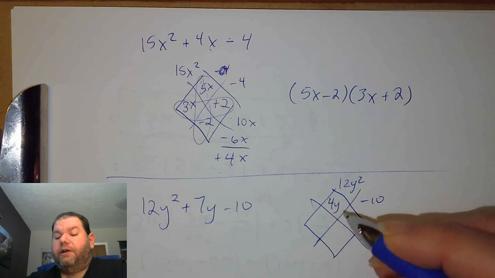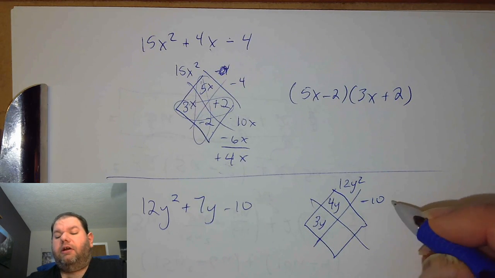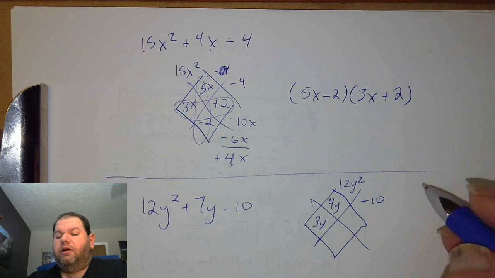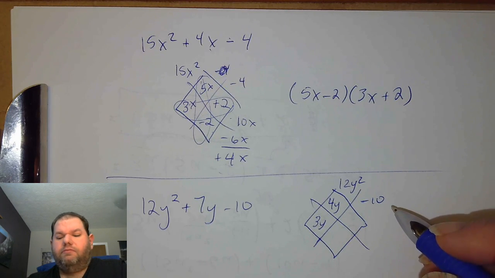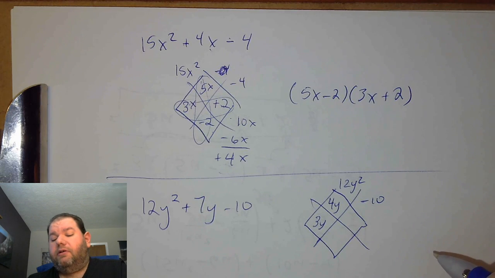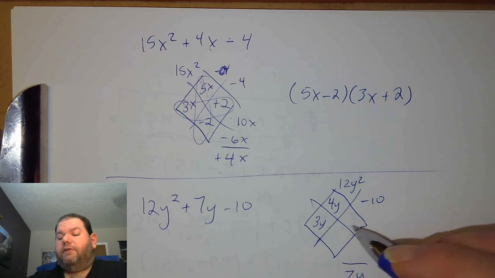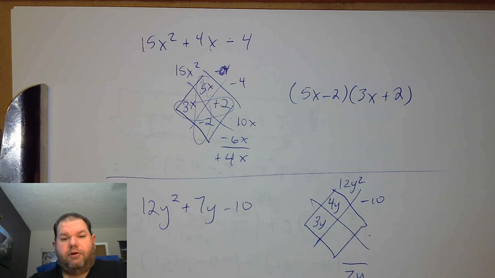Probably 4y and 3y would be the most common. And negative 10 could be 5 and 2. One negative and one positive, since it's a negative. We need to come out to where this adds up to 7y, whatever those two products give us.